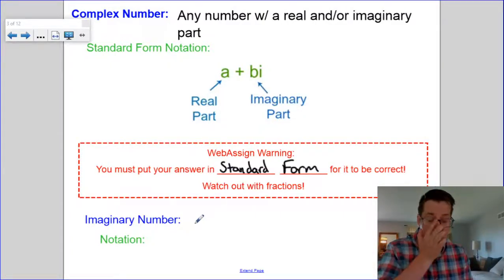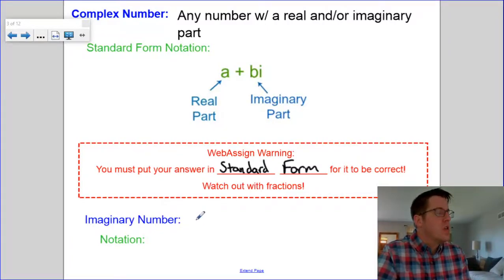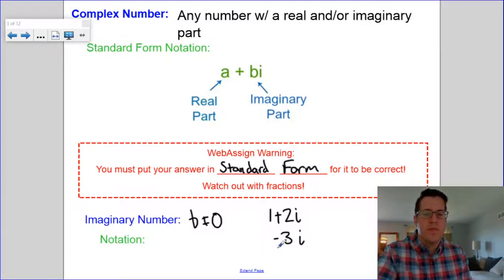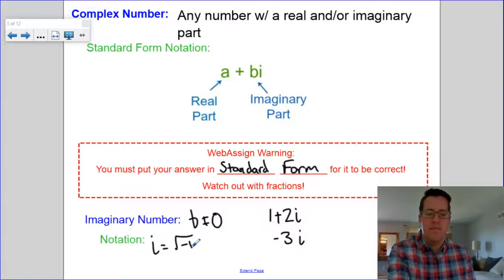Now, an imaginary number is any such complex number where b does not equal 0. So this could be something like 1 plus 2i, or simply -3i. That notation that we're using is i for the square root of -1.